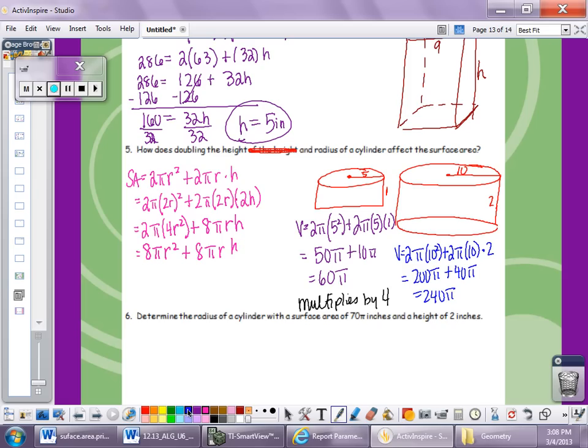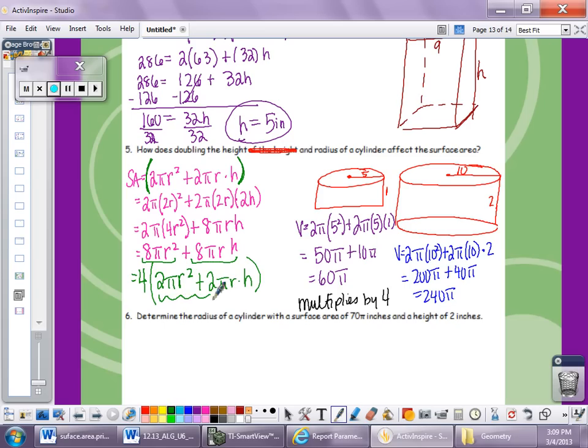Now, keep in mind that I'm comparing this to the original problem. So I kind of want to see what I need to pull out. Well, if I factor out a 4 from the first part and the second part, that leaves me 2 pi r squared plus 2 pi r h.